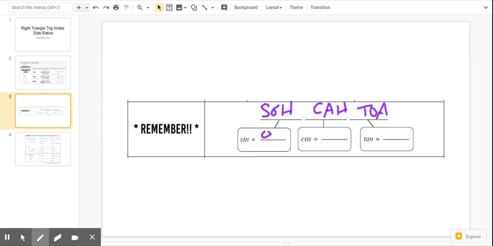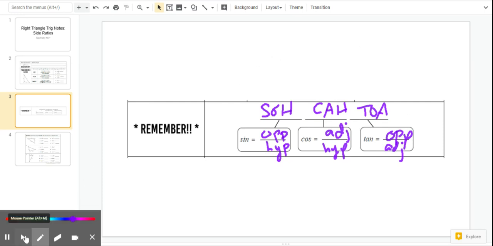Sine is opposite over hypotenuse, and that's where the SOH comes from. Cosine is adjacent over hypotenuse; that's where the CAH comes from. And then TOA: tangent is opposite over adjacent. So SOHCAHTOA is what we use to remember these ratios.